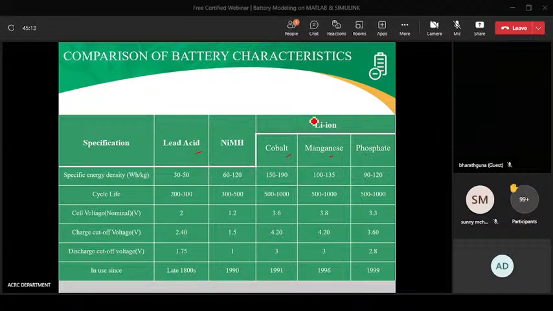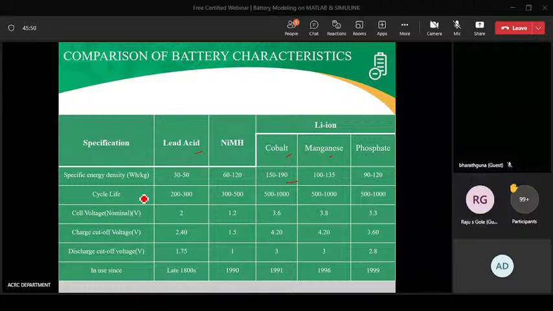Now when we talk about lithium ion batteries, the specific energy is even better compared to nickel metal hydride. It ranges from 150 to 190 for the cobalt nomenclature. Now talking about the cycle life. What is cycle life? Can anyone explain? Charge and discharge.